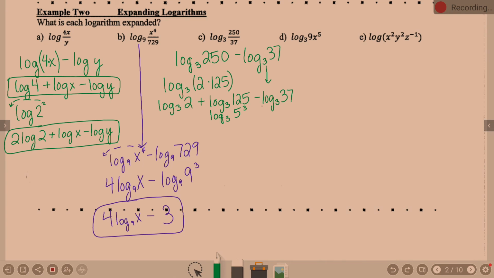No. So the last step I can do is take the power of 3 and move it to the front. So don't forget, we still have log base 3 of 2 plus, moving that 3 out front, 3 times log base 3 of 5 plus, if you didn't lose it, log base 3 of 37.